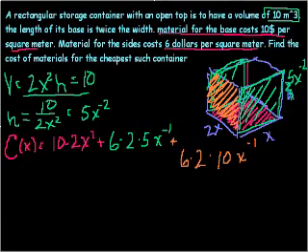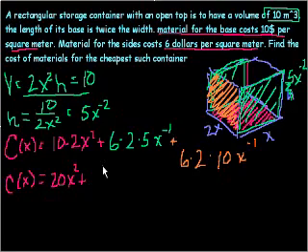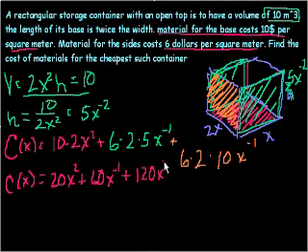So let's simplify this. So we have the cost, and there's no roof. It said it was an open top, so there's no fabric we need for the top. So the cost of putting the fabric or the material on this open rectangle is 20x squared plus, what's this, 12 times 5 is 60, x to the minus 1, plus, let's see, 12 times 10, 120, x to the minus 1.